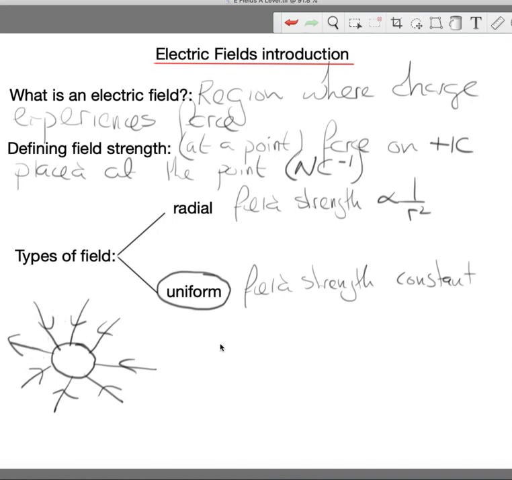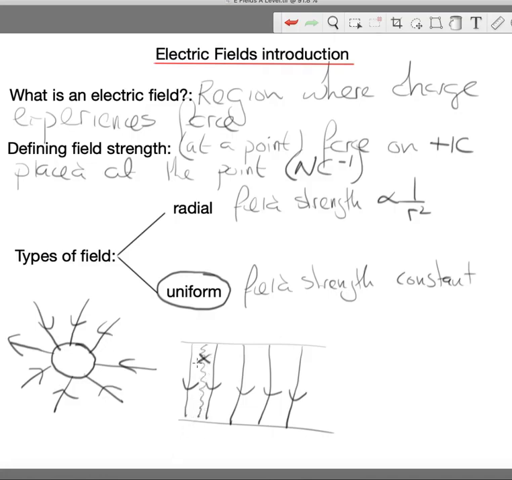Whereas with a uniform field, and we'll see this in a moment or two, you have field lines which are parallel. I know that's not very parallel, but the diagram I'll draw later will be better. So here the distance between the field lines is not changing, and so the field strength is the same all the way down here.